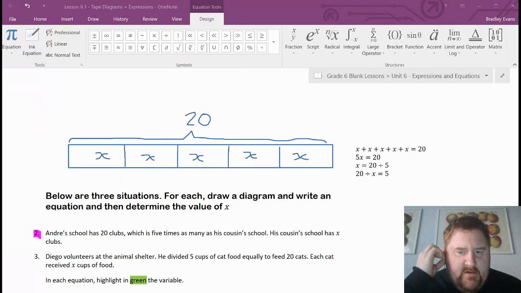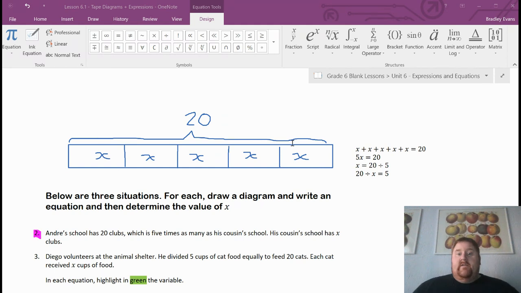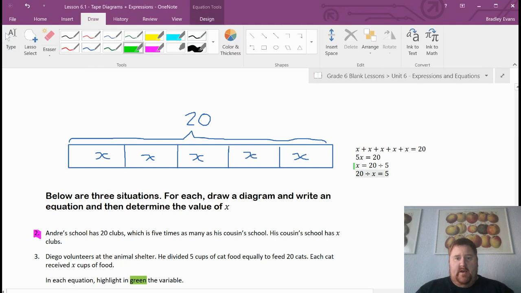Okay, so here are some examples of the equations you might have written. I can see x plus x plus x plus x plus x equals 20, or simpler, 5x equals 20. I can see that x is going to be equal to 20 divided by 5, or even 20 divided by x is going to equal 5. Now, we need to decide which one of these we're going to use to solve, and again, we want x to be by itself.